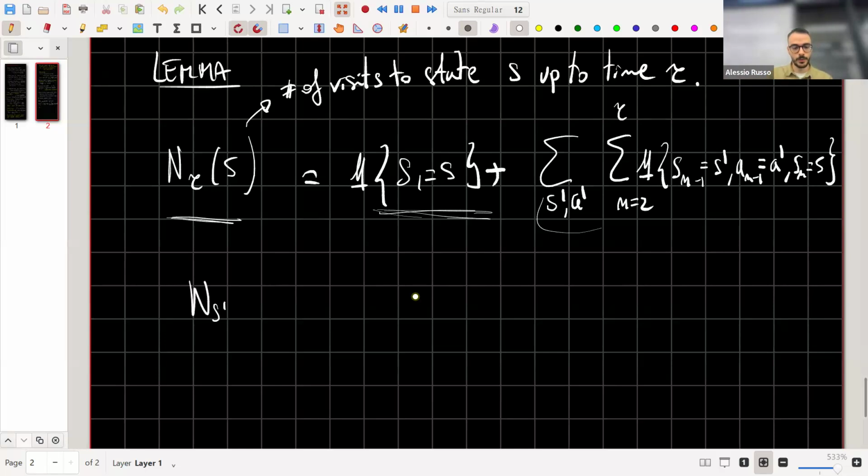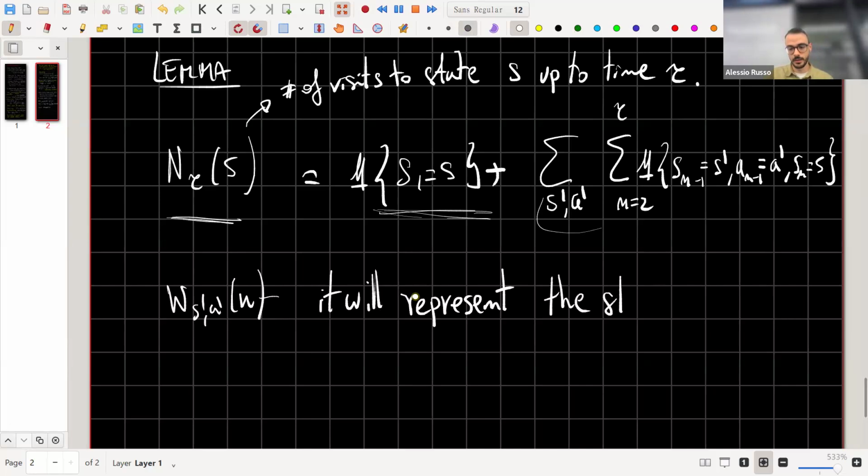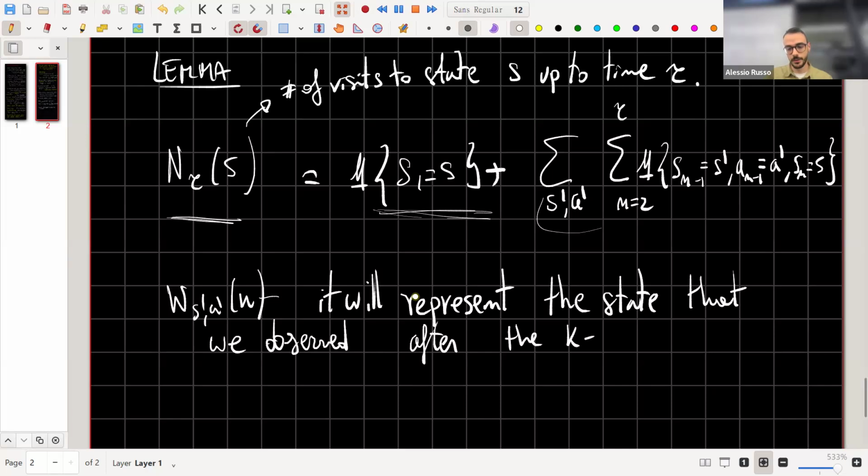We are going to write W(S', A', k) to be the random variable representing the state that we observed after the k-th visit to S' A'.